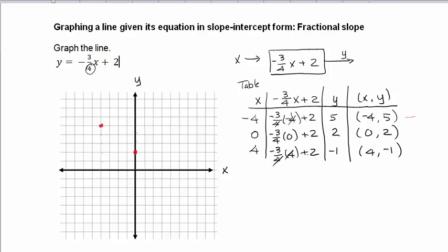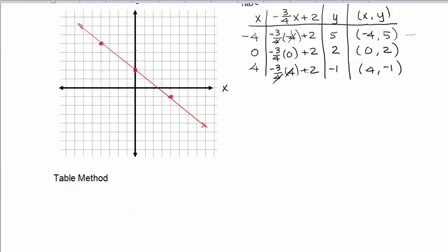And then my last point is 4, -1: 1, 2, 3, 4, and I go down 1. And there's my line. Now that's if I wanted to use the table method.